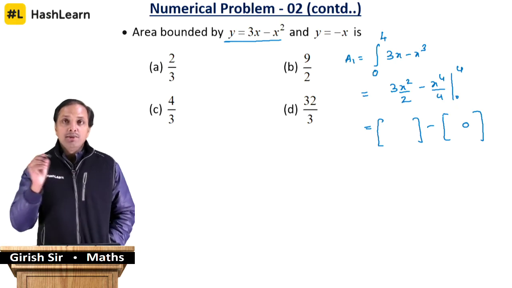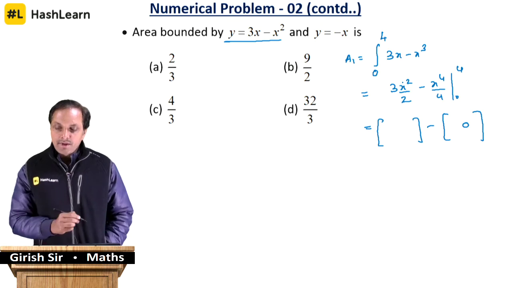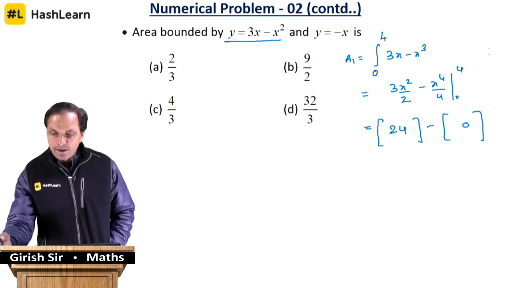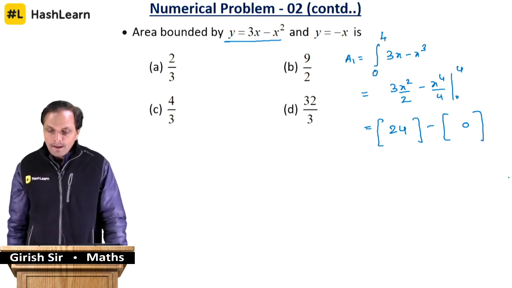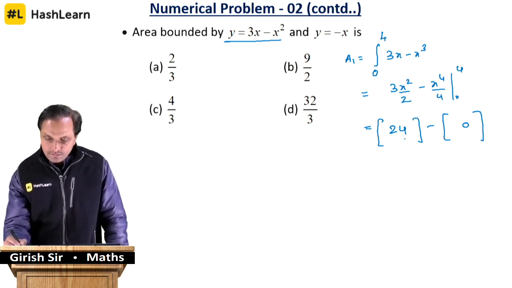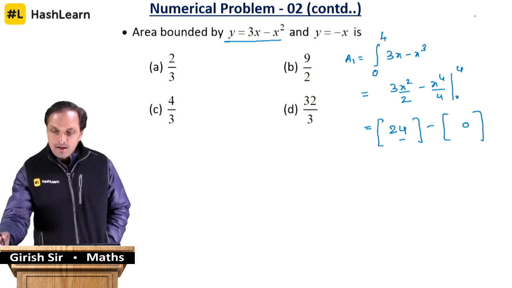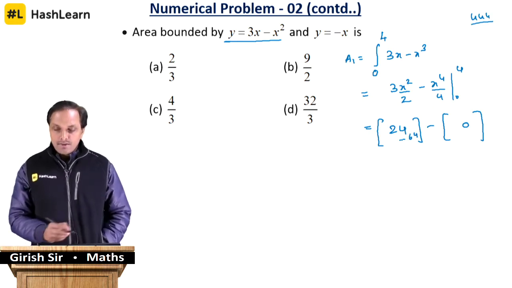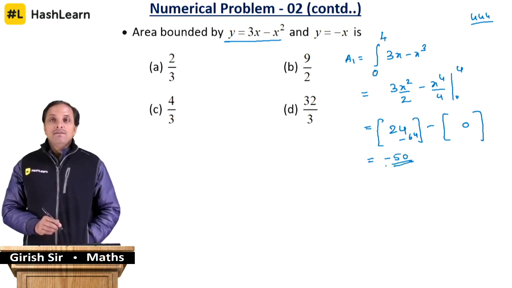Lower limit is 0, you need not worry, and 4 square is 16 by 2 is 8, 8 3s are 24, minus 4 into 4 into 4, 64 by 3. So that will give you something minus 50. Area is giving you minus 50.